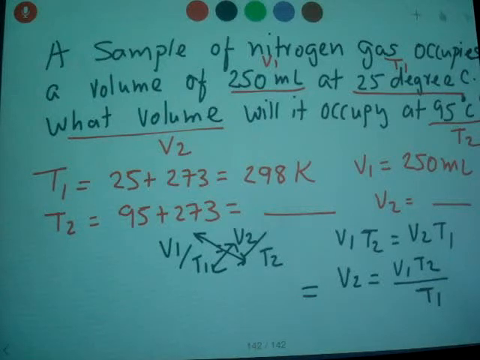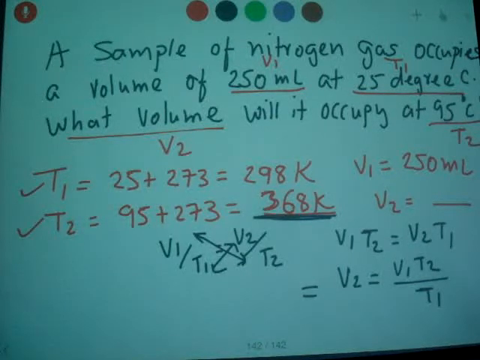Can you guys tell me what's T2 when you add them together? 273 plus 95. What do you guys get? 368 Kelvin. Okay. So now we have T1, T2 and V1.